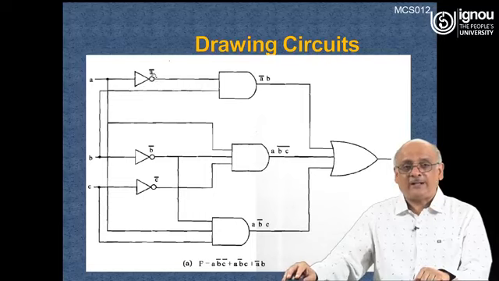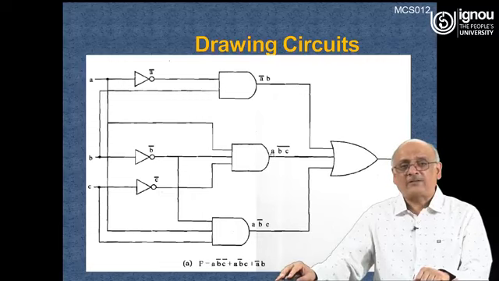By inverting we get A bar, by inverting we get B bar, by inverting we get C bar. Now in this particular case, A is coming directly to this gate, B bar is coming to this circuit, and C bar as well. So the output of this gate is going to be A, B bar, C bar.